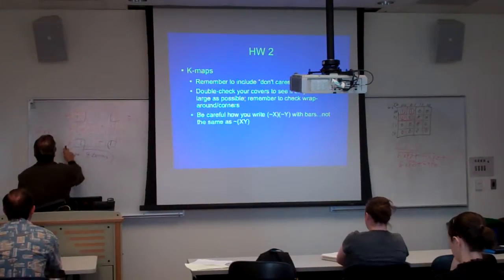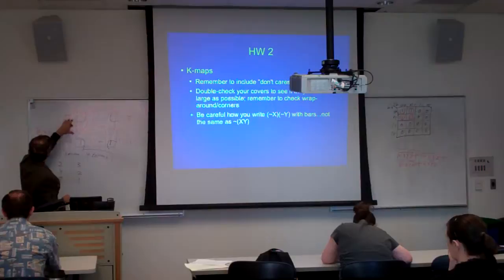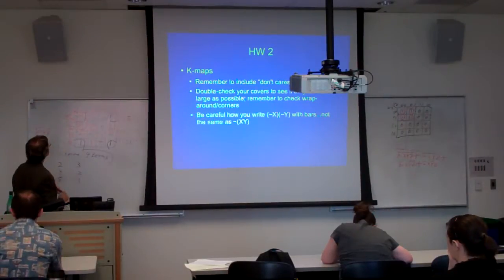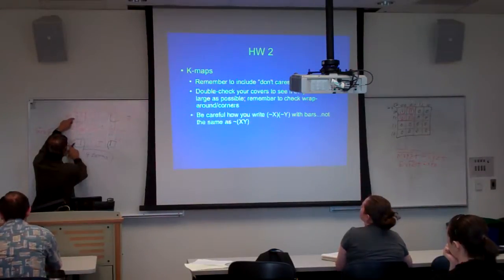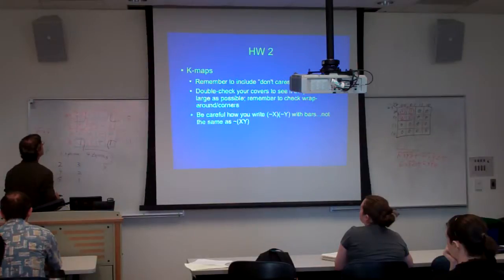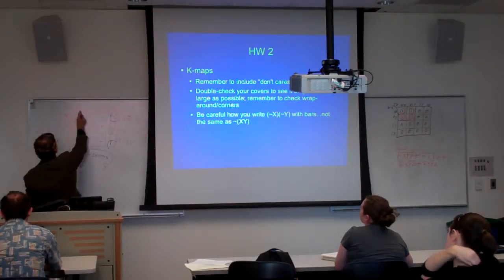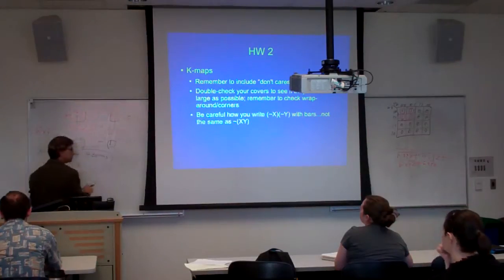So what's W? W doesn't matter. X doesn't matter. That's Y always 0, isn't it? Yeah, not X is 0. So X bar. Right, and Y doesn't matter. It can be 0 or 1. Z has to be 0. So that's X bar, Z bar.